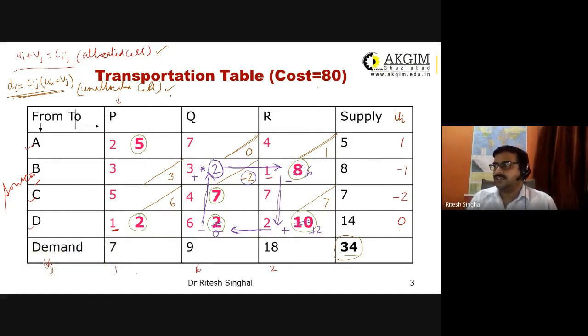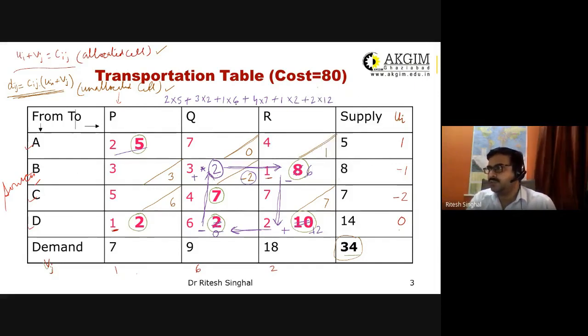So the next solution is, now multiply the number of units with the cost: 2 into 5. This is this one. Then 3 into 2, the new one, which was just recently added. 1 into 6 plus 4 into 7 plus 1 into 2. This is the same as we did earlier. 2 into 12.